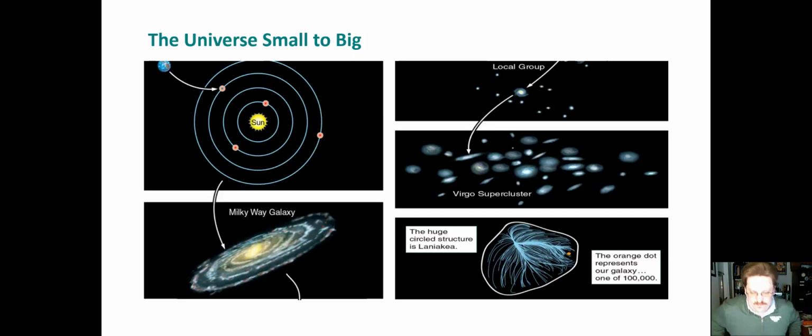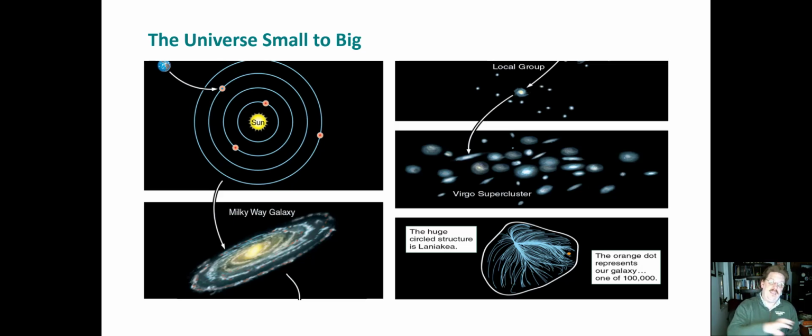Then, of course, we have the mainstream, or most astronomy, which deals with things on this size. So when we look at the universe, we go from relatively small to the solar system scale, which is tens to hundreds of thousands of AU, out to the Oort cloud. Then we get into the Milky Way galaxy, which from end to end is roughly 100,000 light years.